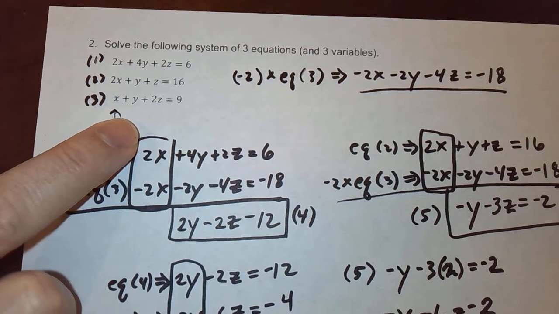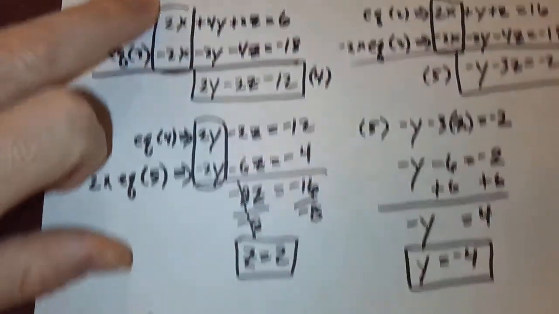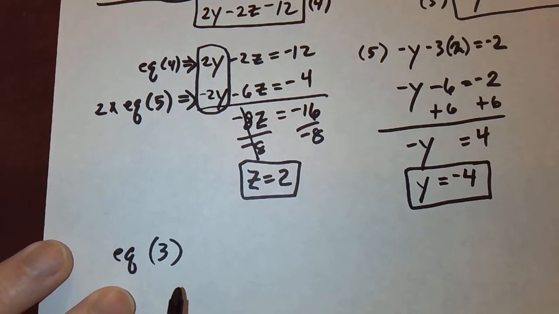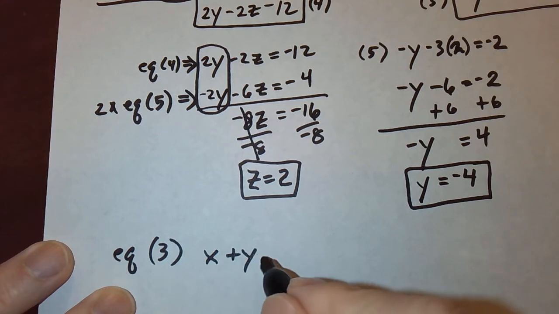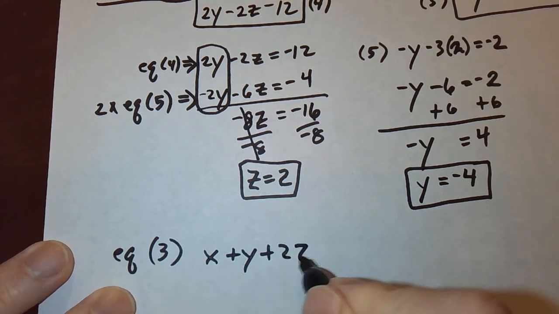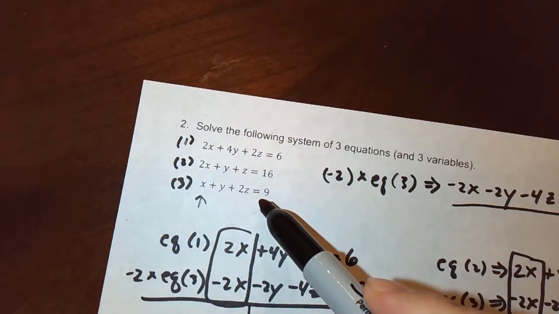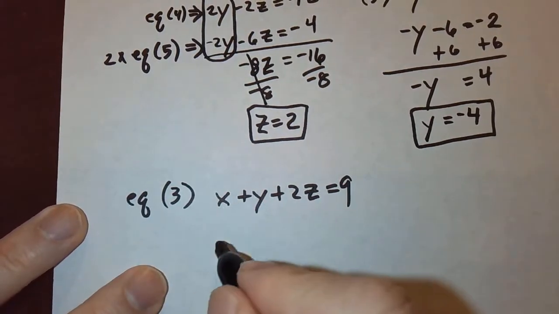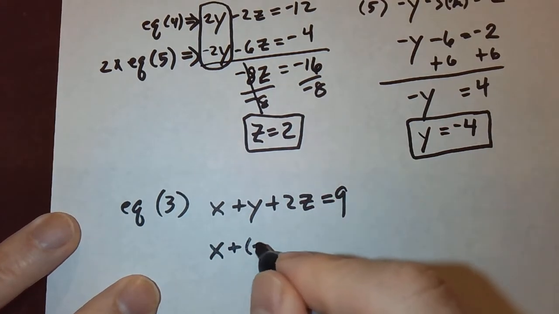And maybe we'll do equation number 3. Equation number 3 is, let me write it again. It's x plus y plus 2z equals 9. I just copied it from right up here. X plus y plus 2z is 9. Okay, so that gives us x plus y is a negative 4.